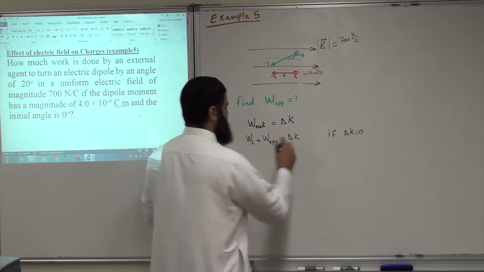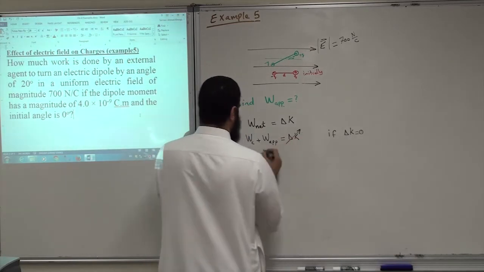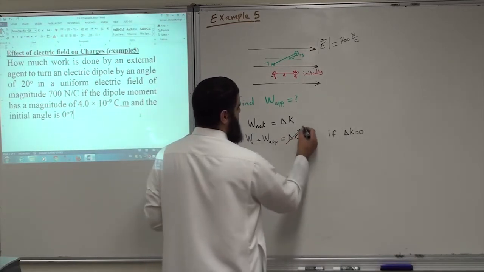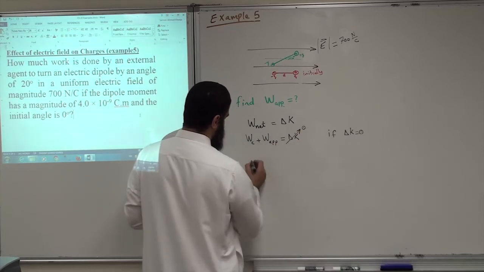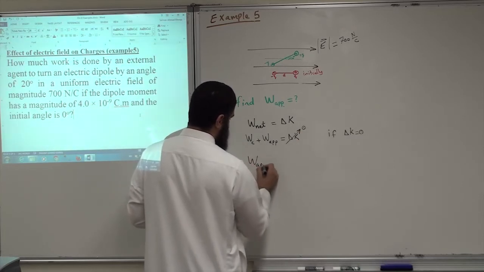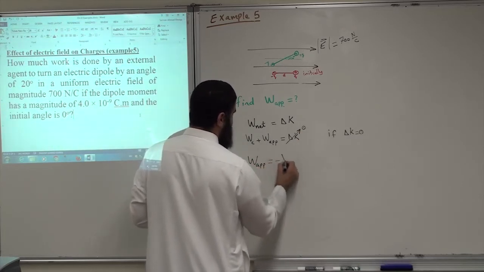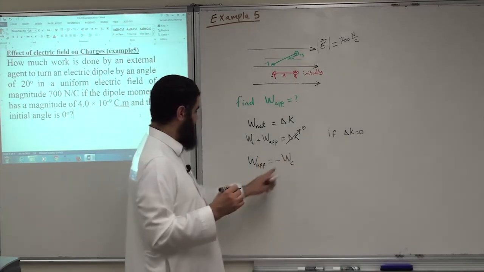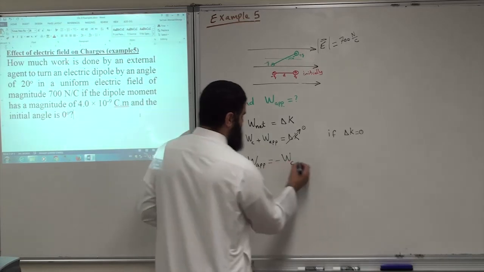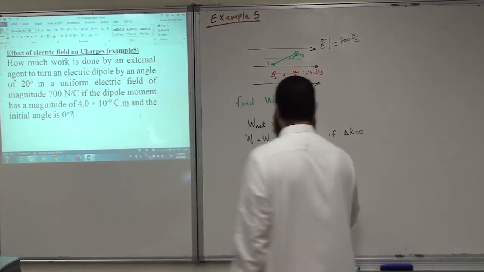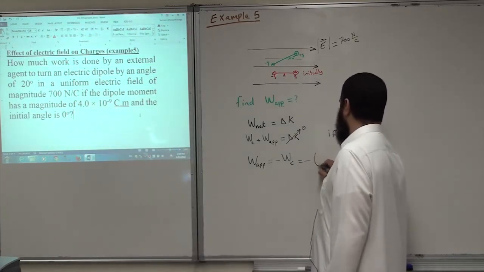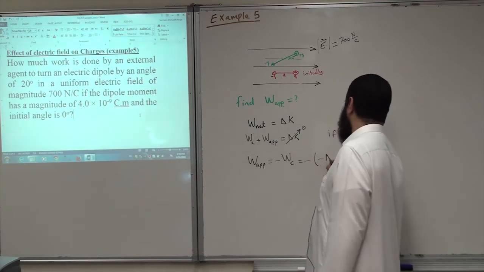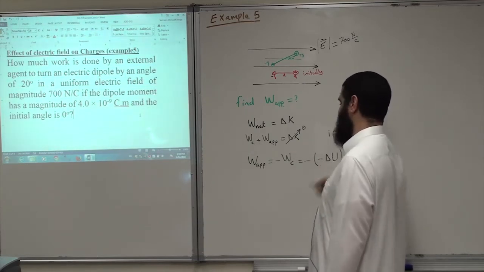What do you notice? The work done by the electric field and the work applied will be of opposite sign. So work applied will be equal to minus the work done by the electric field, which is the conservative force in that case. But we know that the work done by a conservative force is minus the change in the potential energy.